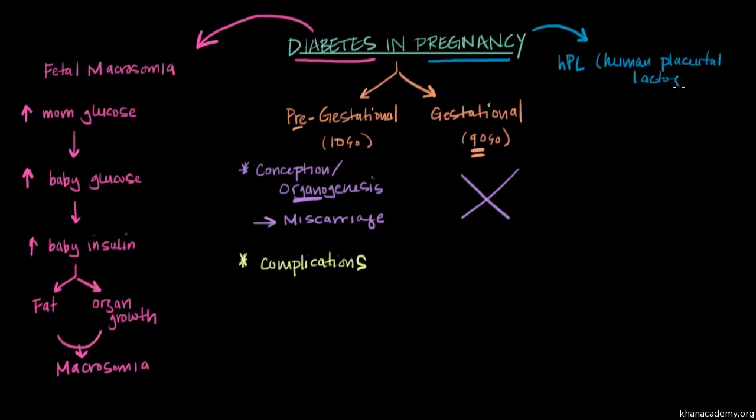So that's HPL. Another hormone is cortisol, so the body's main stress hormone. Another one that you may have heard of before is growth hormone. That's released in a large quantity during pregnancy. And then finally progesterone, which is exceptionally important for the maintenance of a healthy pregnancy.